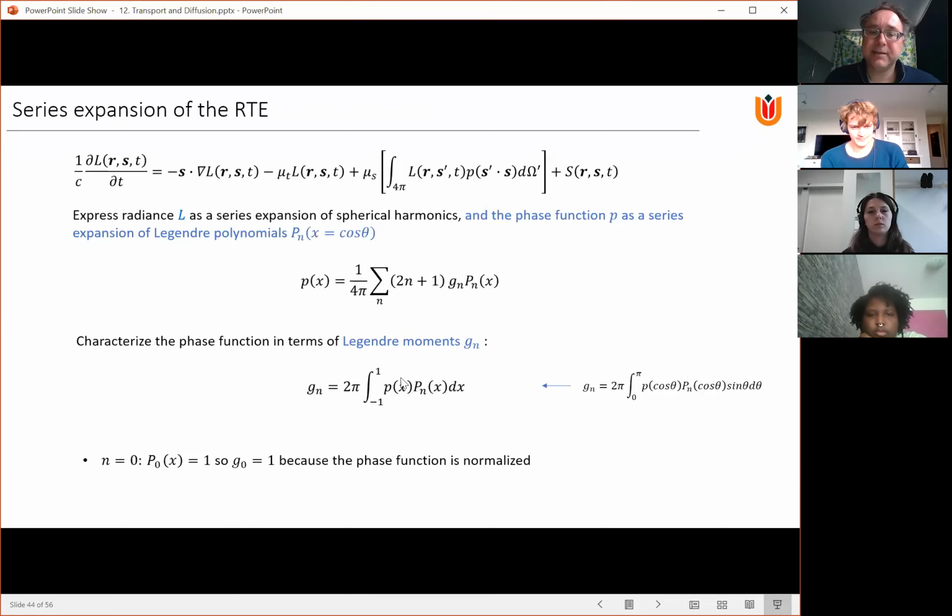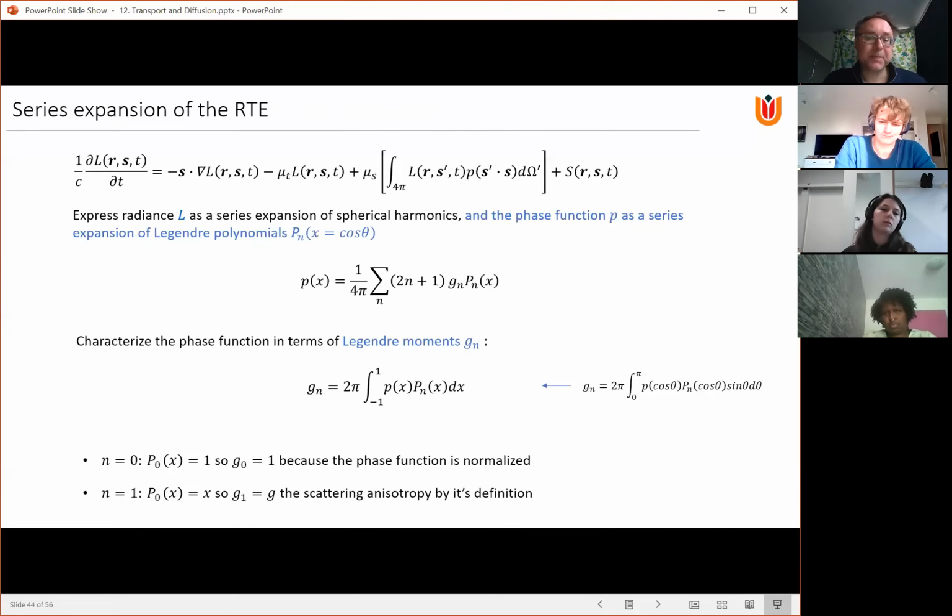Then the equation says that g0 is 2 pi times the integral from -1 to 1 of p(x) dx, p(x) being the phase function, x being cosine theta. That is just the integral of the phase function, and by definition that was unity. So g0 ends up being unity because the phase function is normalized.